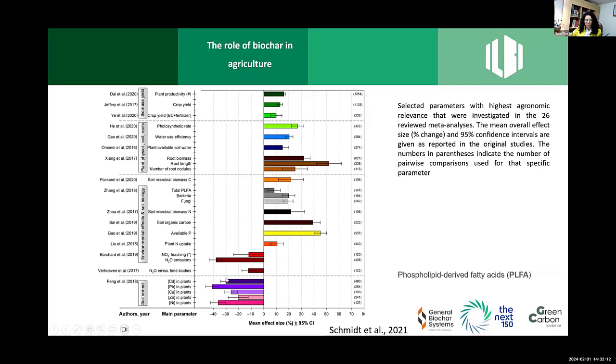And also, we have a huge impact on soil microbial nitrogen, soil organic carbon, and available phosphorus in the soil. For example, phosphorus availability is 45% more when we apply biochar. Also, we have a better use of our nitrogen because its loss by leaching and also by N2O emissions is reduced.